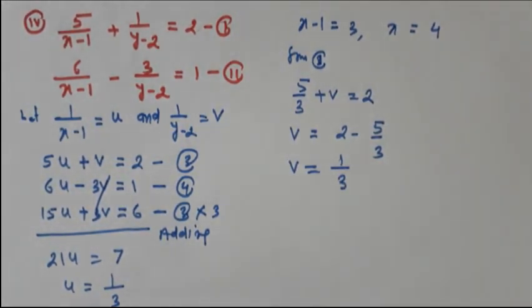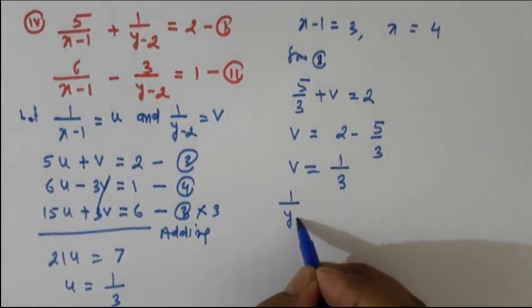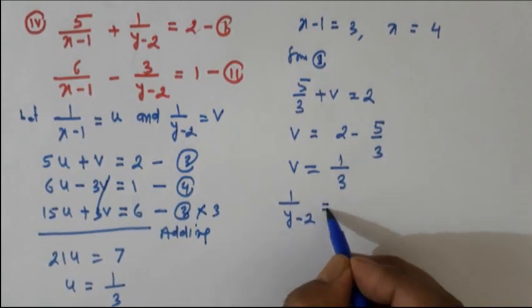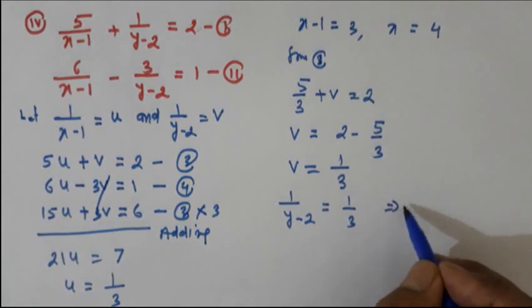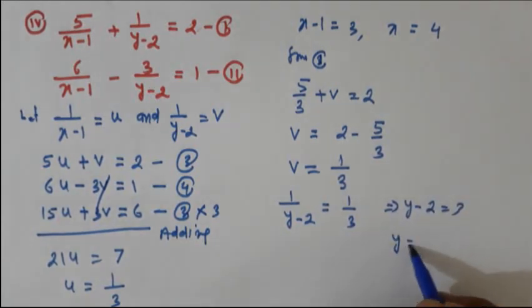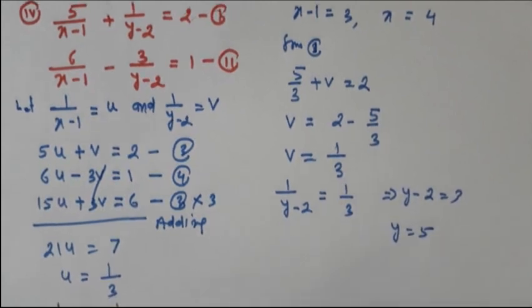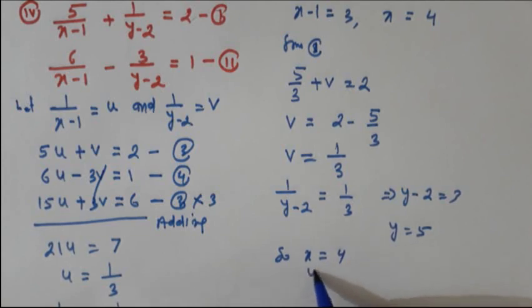So v is equal to 1 upon 3, and v was supposed to be 1 upon y minus 2. So 1 upon y minus 2 is equal to 1 upon 3. Then y minus 2 is equal to 3 and y is equal to 5. So the final answer of this question: x is equal to 4 and y is equal to 5. This is the answer of question number 1, part 4.